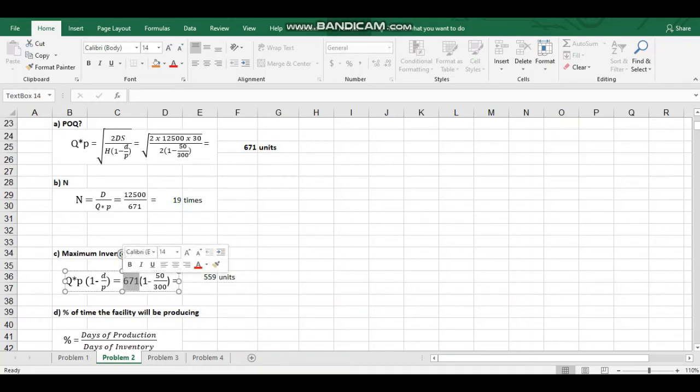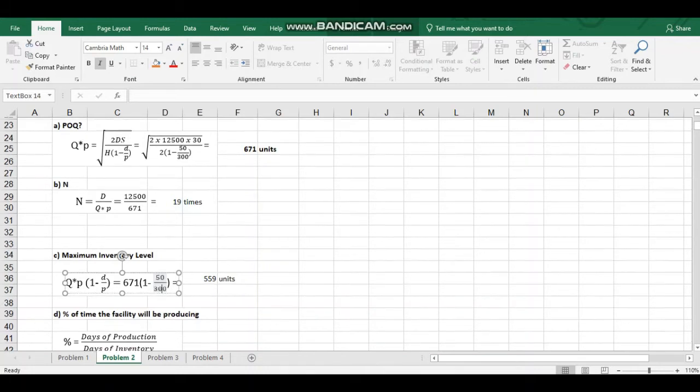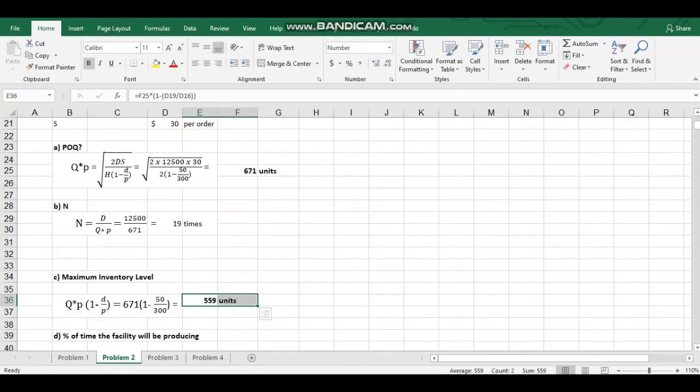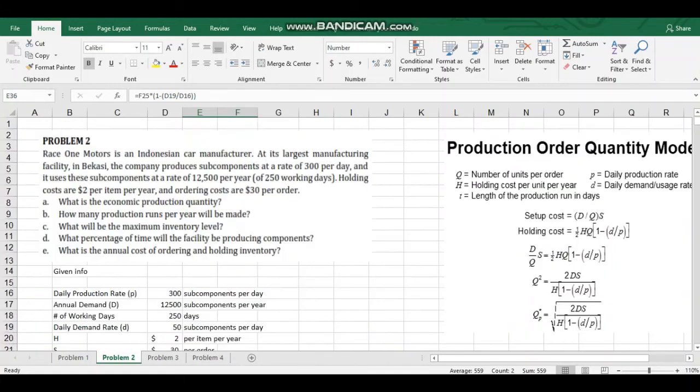So the Q star is 671 units. 1 minus the daily demand, which is 50 units, and then the production rate in a day is 300 units. And we have 559 units as our maximum inventory level. So it's better for us to have inventory not more than this number.